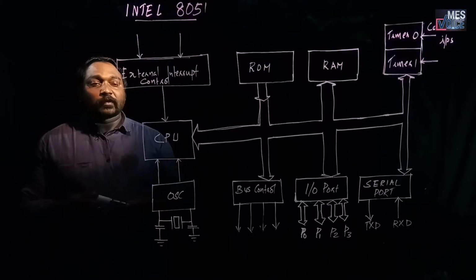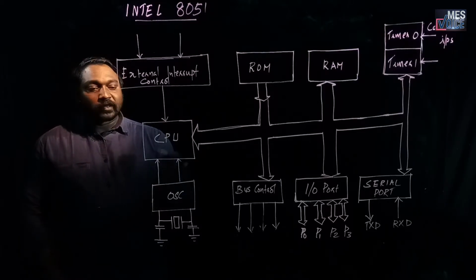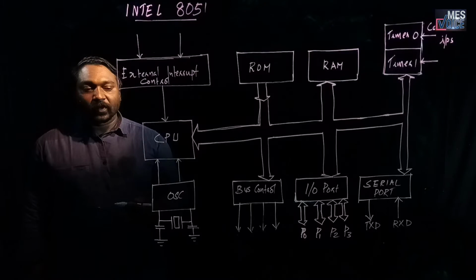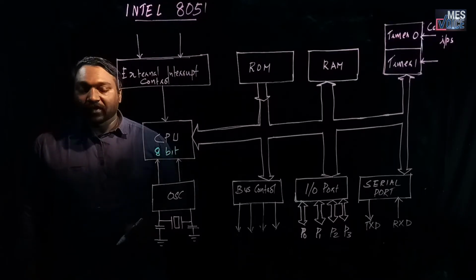This is the block diagram representation of the Intel 8051 microcontroller. There is a CPU with an arithmetic and logical unit, which can perform arithmetic as well as logical operations. It is an 8-bit CPU.